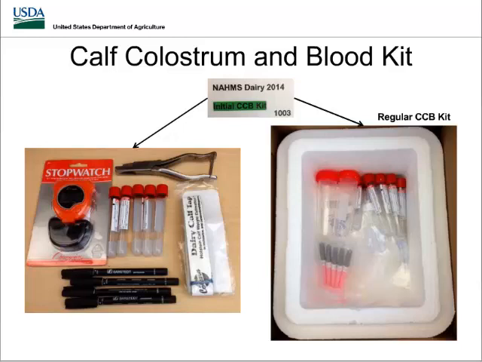Those are only in the initial kit, and each operation only needs one of those initial kits. That's why we label them differently, so that you'll know.